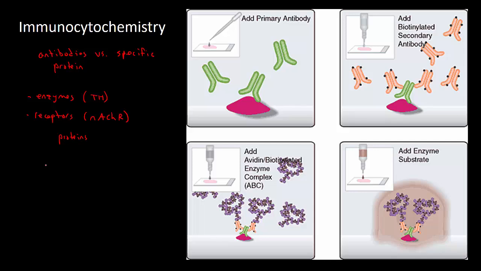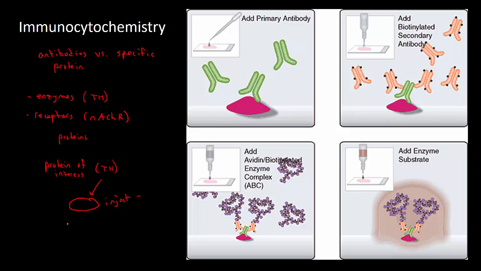So I'm going to take my protein of interest, let's say in this case TH. I'm going to take TH and inject it into an animal. The animal will raise antibodies against it.